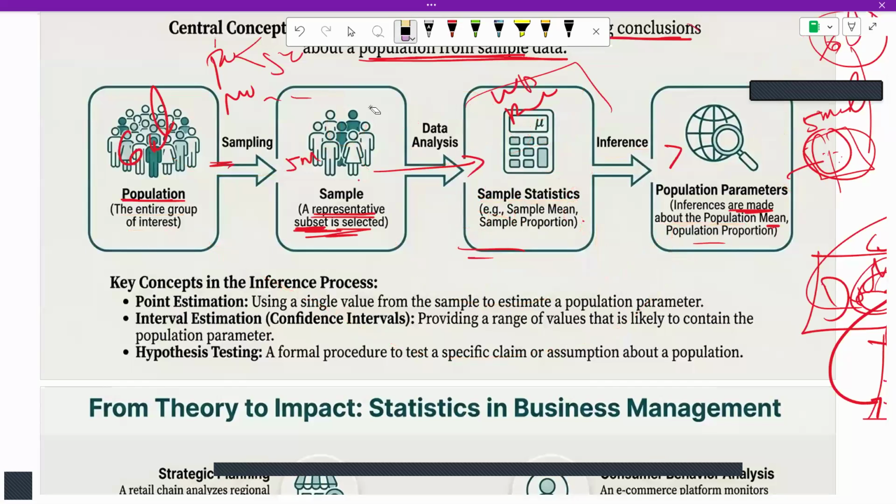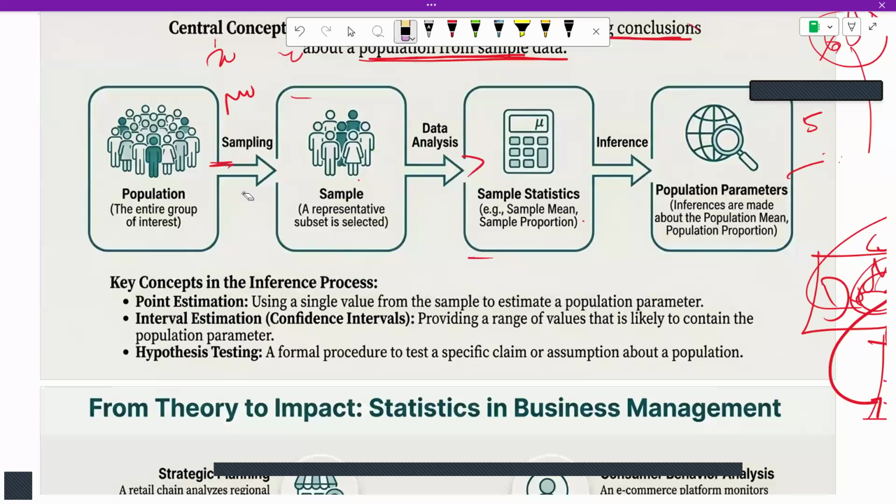We'll discuss in the coming sessions. The key concepts in the inference process are point estimation, interval estimation, and hypothesis testing.